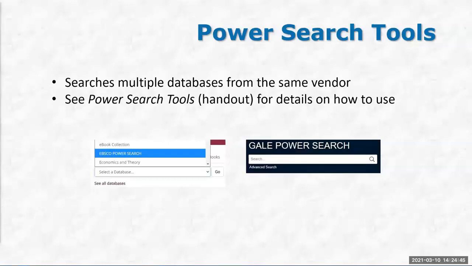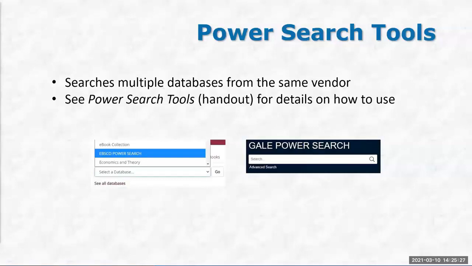So this is the way to go about narrowing it down even before you start searching the database. Sometimes you find out that one vendor has several databases that are useful for you, and maybe you want to combine a couple of academic databases and a couple of more topic-oriented databases. We've already set it up for you, a power search tool. This is also a handout that I gave you that shows exactly how to do it step by step. Since that handout was created, we have set up the power search as an actual database link.